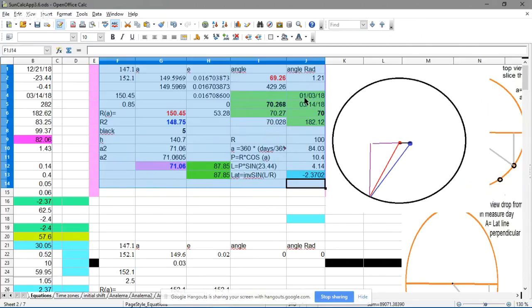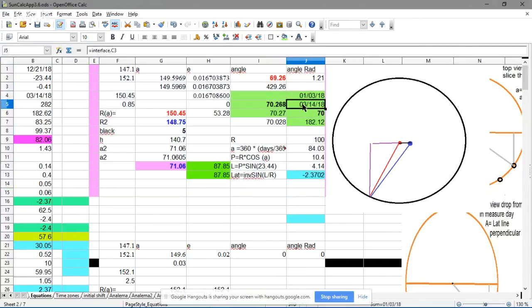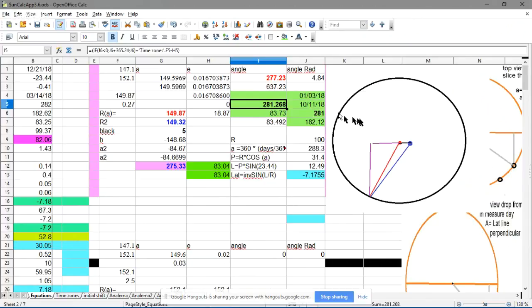Here, this is the starting date, and this is the date that you choose. So let's say 11 October. So it shows 281 days, and right here it's not exactly 281 because I added the angle, the difference between the winter and that point, so I added that to the angle.